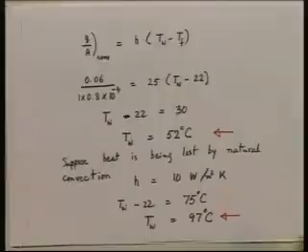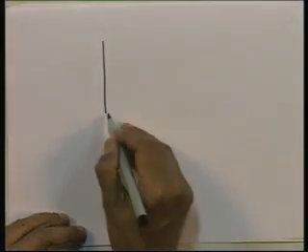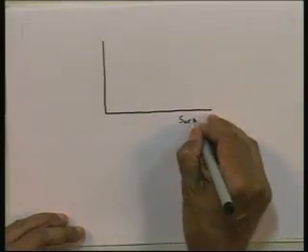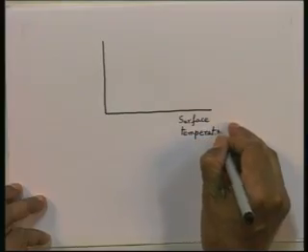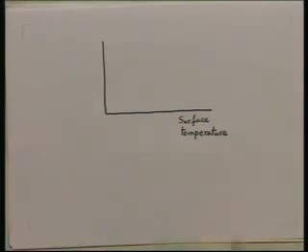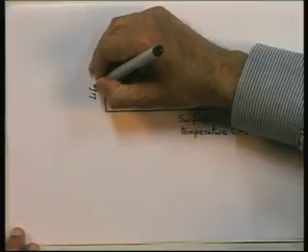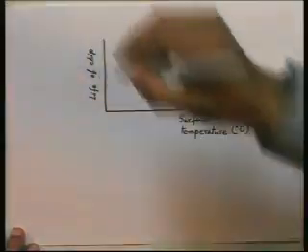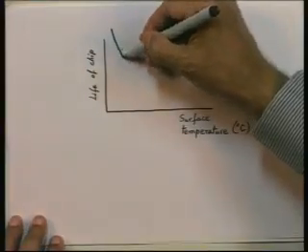Now, 52 and 97, numbers like these have a great deal of significance, because if I were to plot a graph of the life of the chip against the surface temperature, let us say I have surface temperature here in degrees centigrade, and here I plot the life of the chip in, let us say, thousands of hours of operation, then typically I might have a graph which looks something like this.